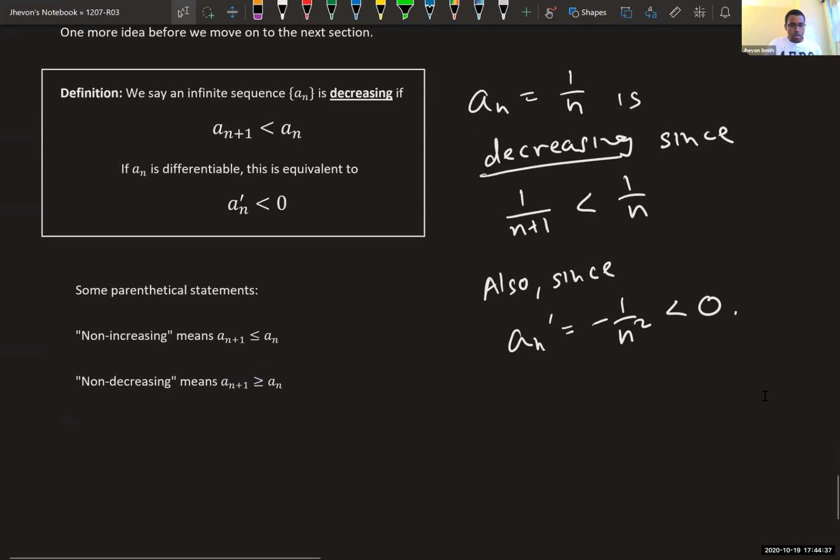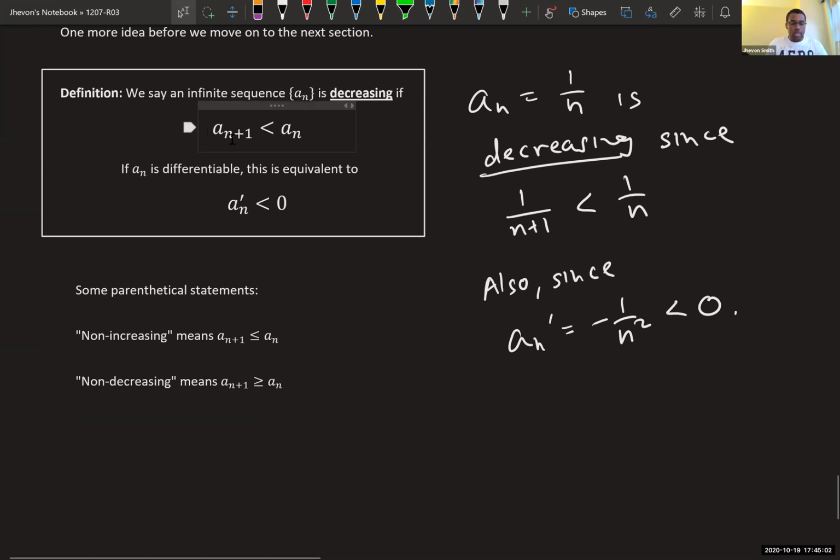Another important thing for us to know is when a sequence is decreasing. Of course, there are cases where you need to know when it's increasing and bounded and things of that sort as well. But decreasing is particularly important to us because of some tests that we're going to need to do later on. So decreasing just means the outputs get smaller and smaller over time.